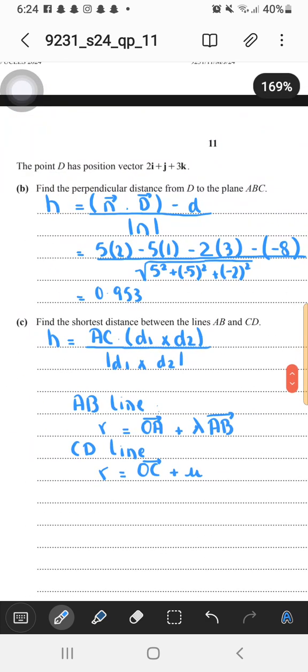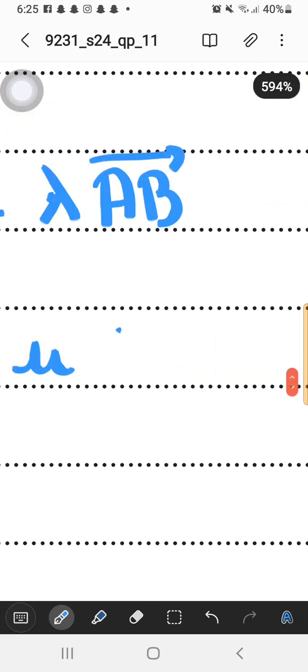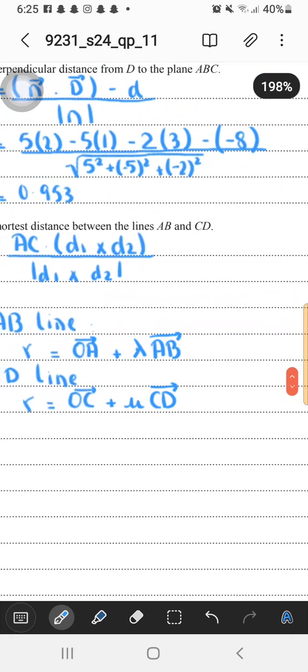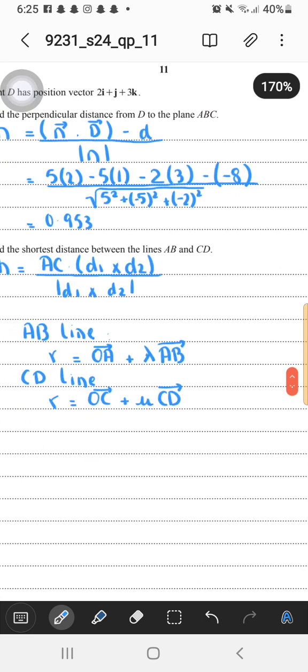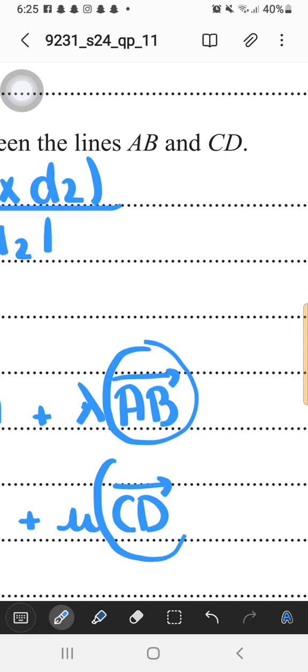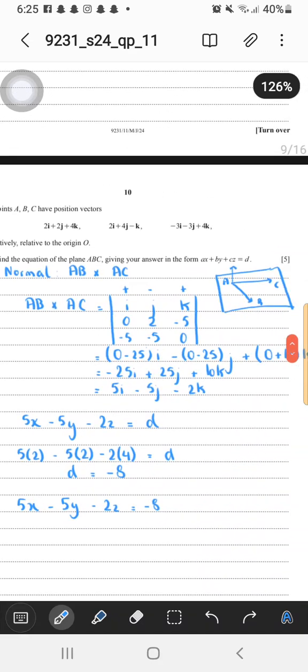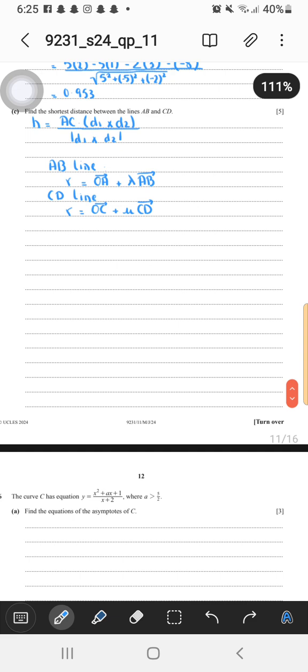Now their direction vector will be CD. So for this part we are concerned with the direction vectors, which are AB and CD. We had already found AB in the first part, which was 0, 2 and -5. So now we have to find CD.